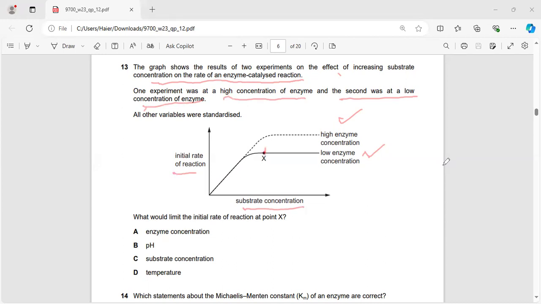When there is a high concentration of enzyme, it means more active sites are available. When there is a low concentration of enzyme, then fewer active sites are available. So what would limit the initial rate of reaction at this point X?